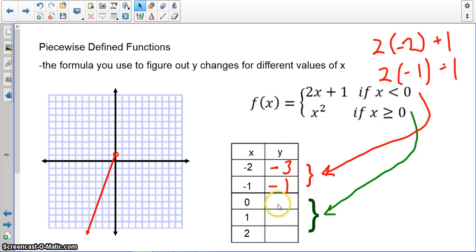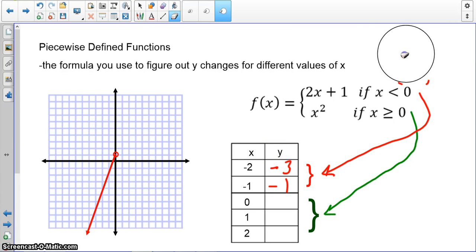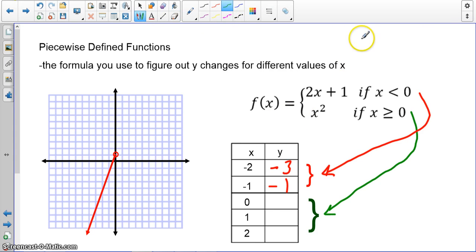And so now we use the green, or the bottom formula, the quadratic, the x squared. And so let me write that in there. So it's 0. Don't really need to do the parentheses, but I will, because I tell you guys to always use parentheses. So 0 squared is 0. 1 squared is 1.